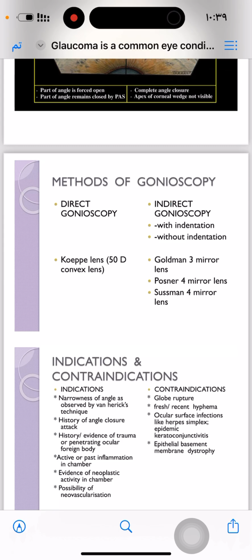We have two types of these tools, direct and indirect. Direct have a special lens named Koeppe lens, while indirect we have many mirrors: three mirror Goldmann, four mirror lens Posner, four mirror lens Sussman.